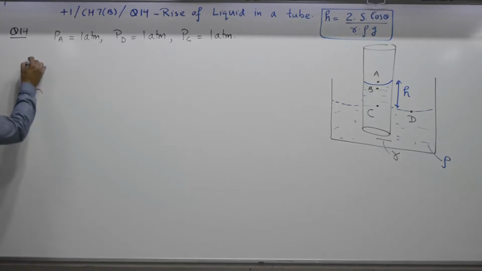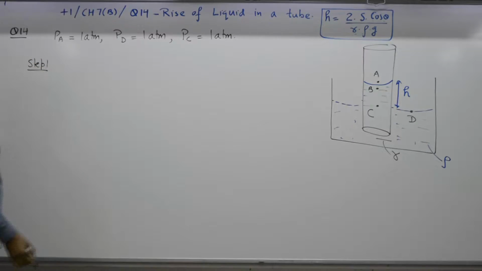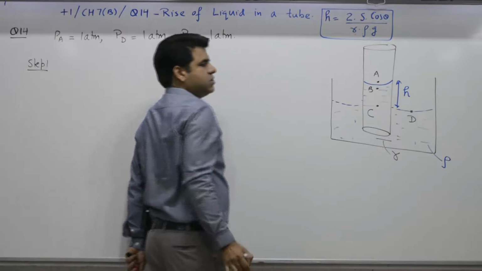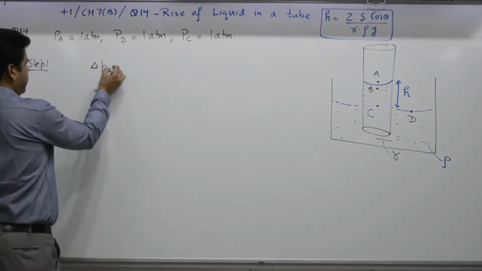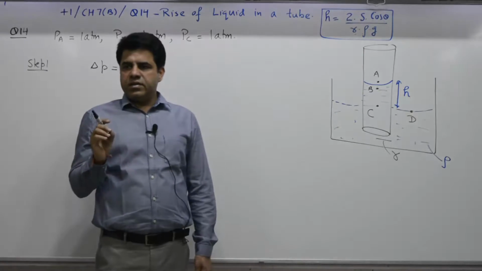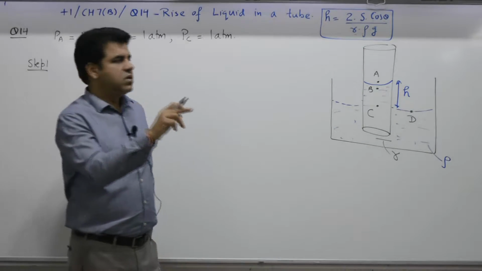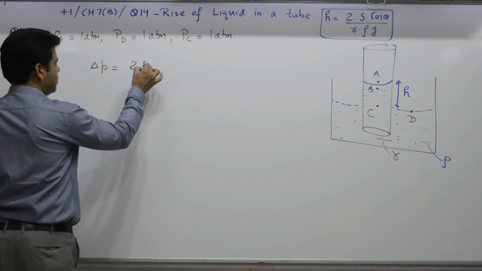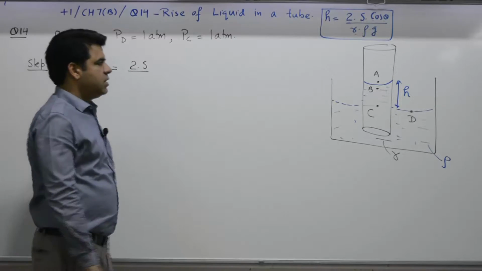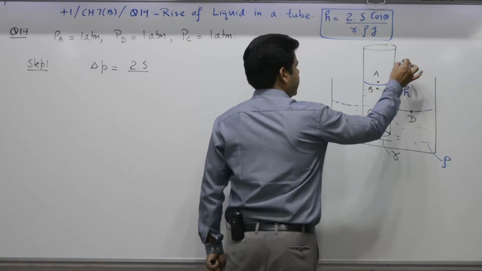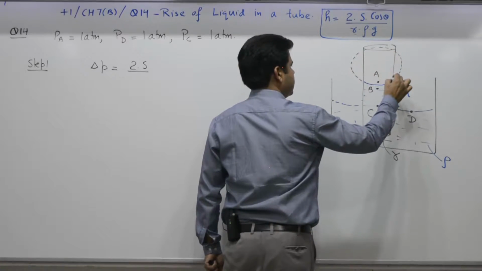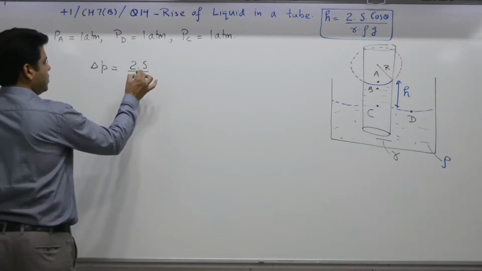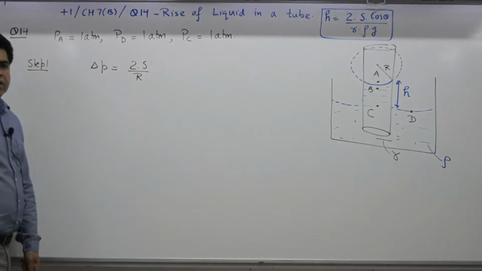Step 1. Whenever you have a curved surface, there is a pressure difference delta P. As covered in question number 11, if you have a curved surface, the pressure difference on the two sides, delta P, is equal to, due to single layer, 2S by R. R in that case was the radius of curvature, capital R. It is not small r.